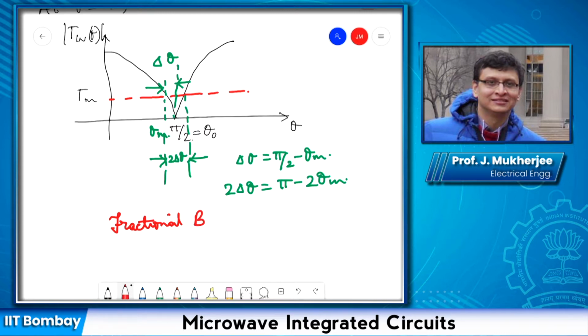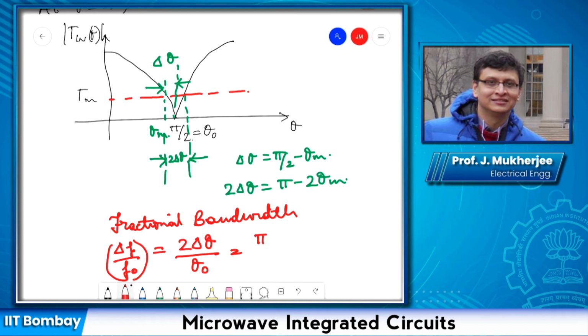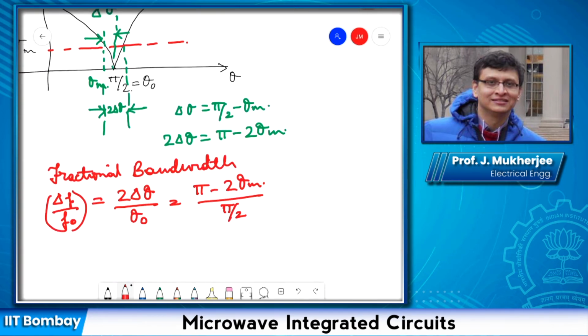So fractional bandwidth equal to delta f upon f0, which is equal to 2 delta theta upon theta 0, which is equal to pi minus 2 theta m over pi by 2, and this comes out to be equal to 2 minus 4 theta m upon pi. So this we had already derived, I am deriving it once again.